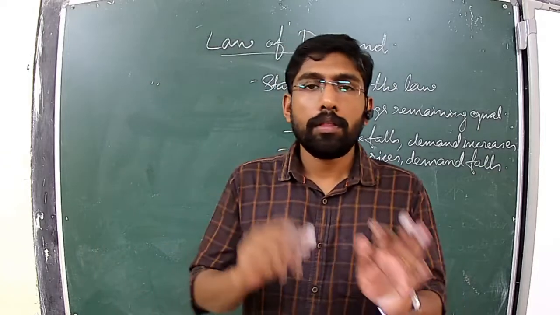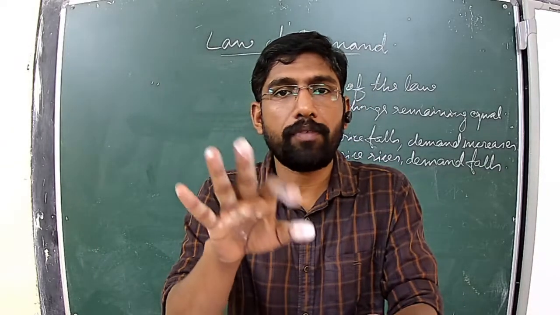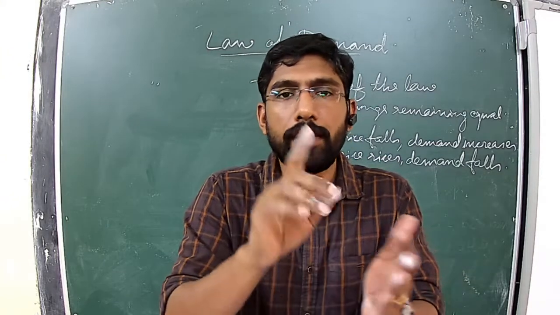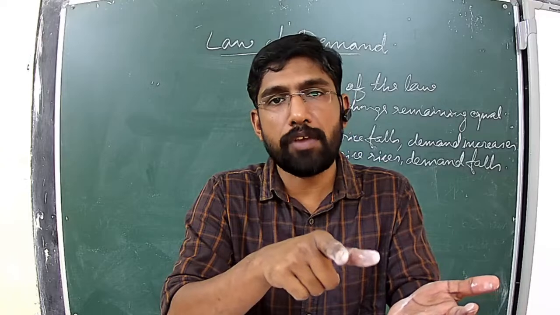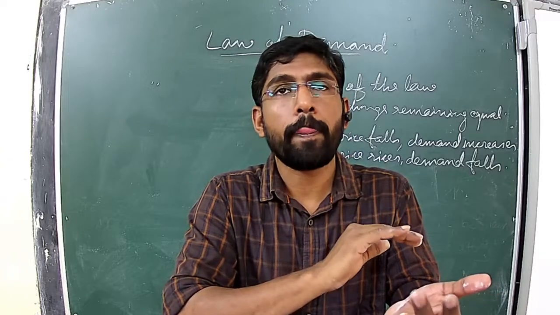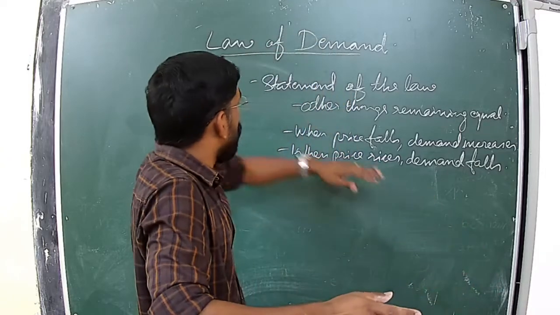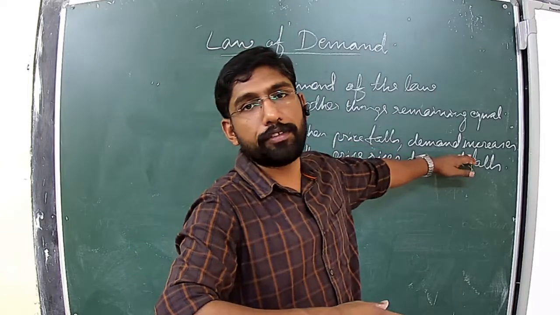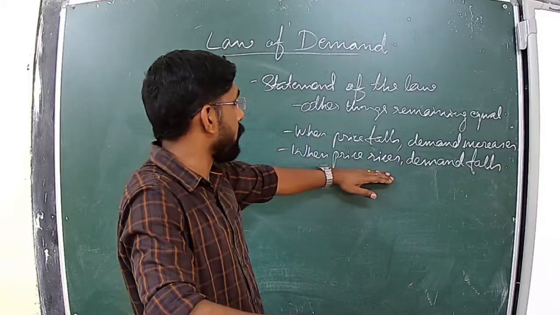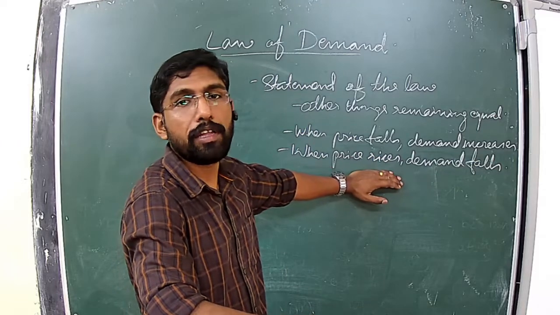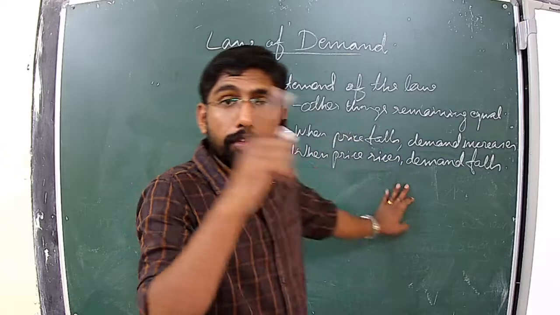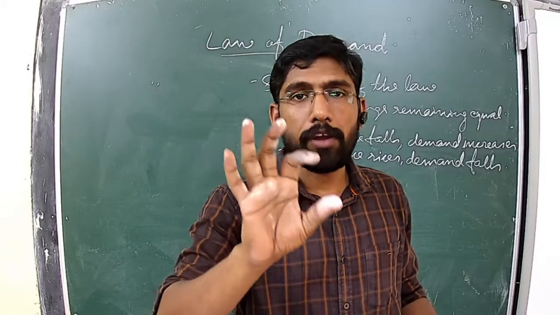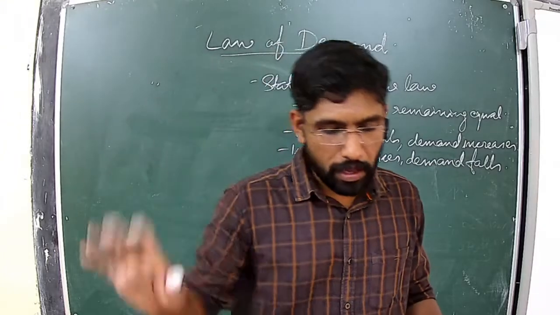So these are the three points we have to remember in the statement of the law: other things remaining equal, that is ceteris paribus, when the price of the commodity falls, demand increases, and when the price rises, the demand falls. So there is an inverse relationship between the demand of the commodity and the price of the commodity.